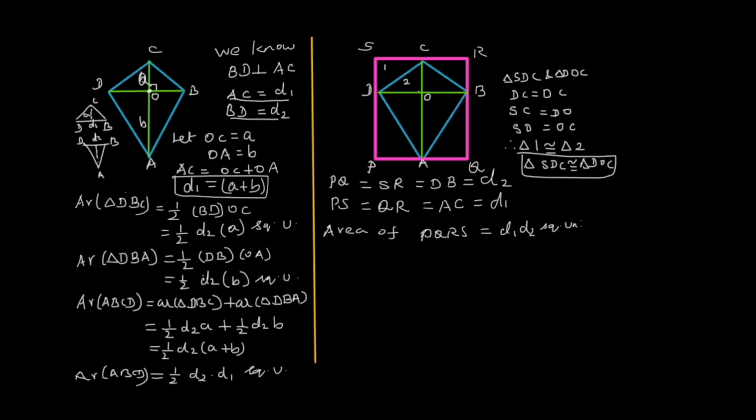1 and 2 are congruent to each other. In the same way, 3 and 4 are congruent to each other, 5 and 6, and 7 and 8. By the side criteria, triangles 1 and 2 are congruent, and 3 and 4 are congruent. So similarly, we can write all the triangles.